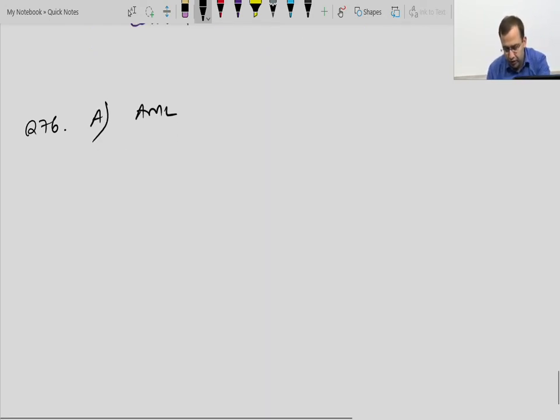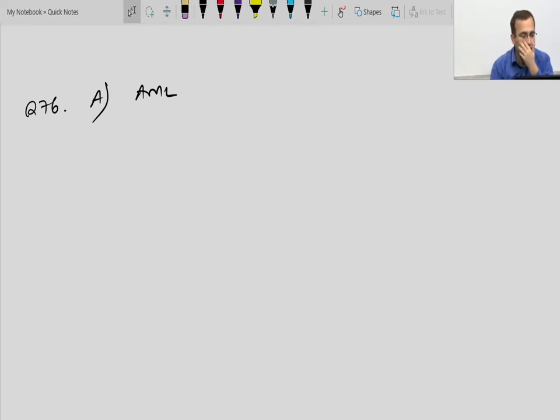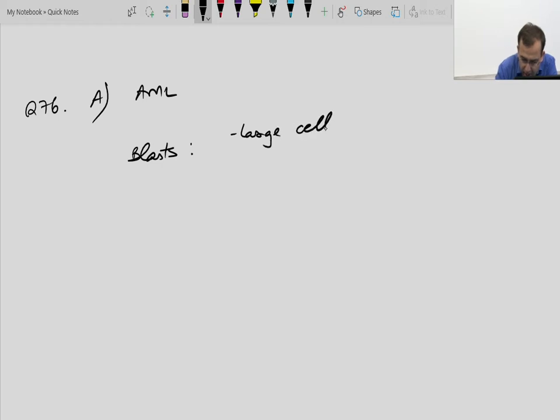Before we go further, let us just document the two types of blasts and how we classify them microscopically. First point, blasts are large cells about 2.5 to 3 times the size of an RBC. Please note I am comparing it with an RBC. Usually the comparison is made with a small lymphocyte because RBCs can be microcytic, normocytic or macrocytic.